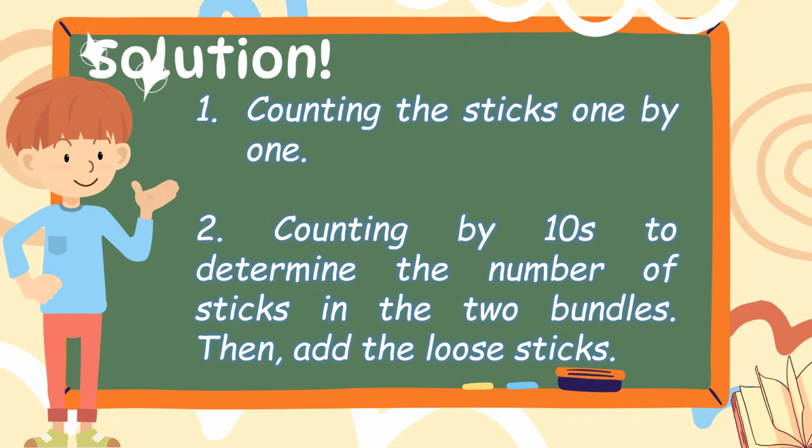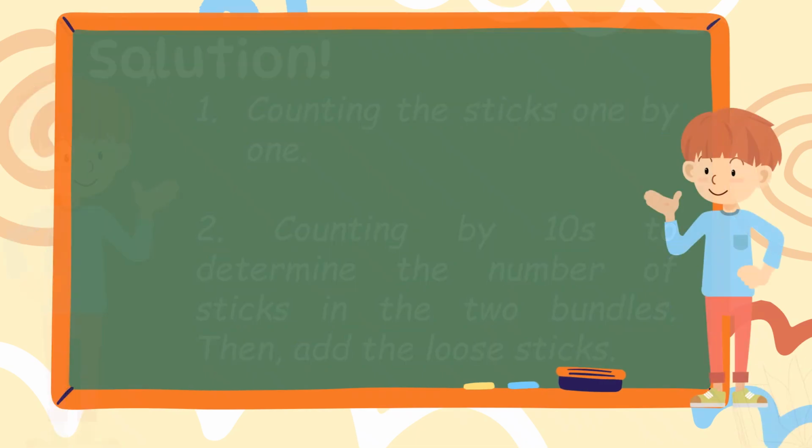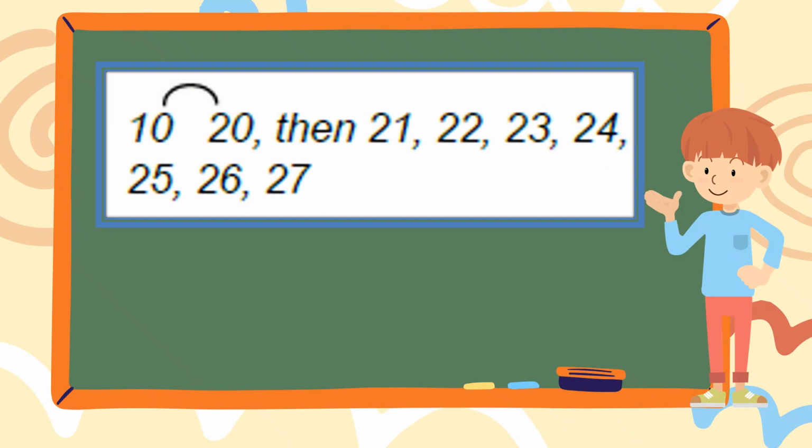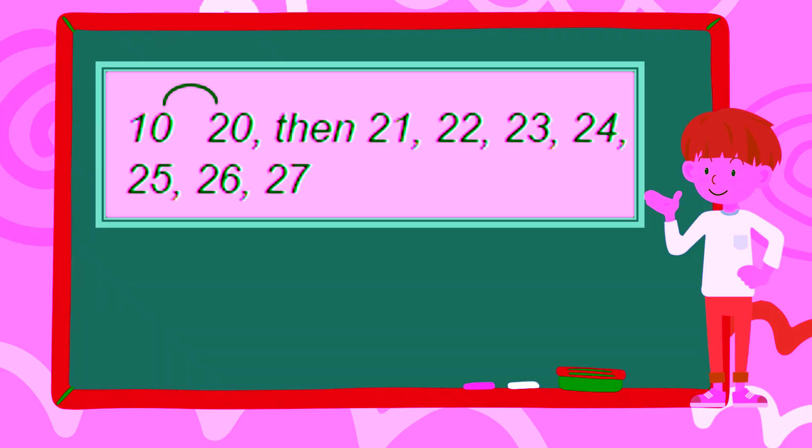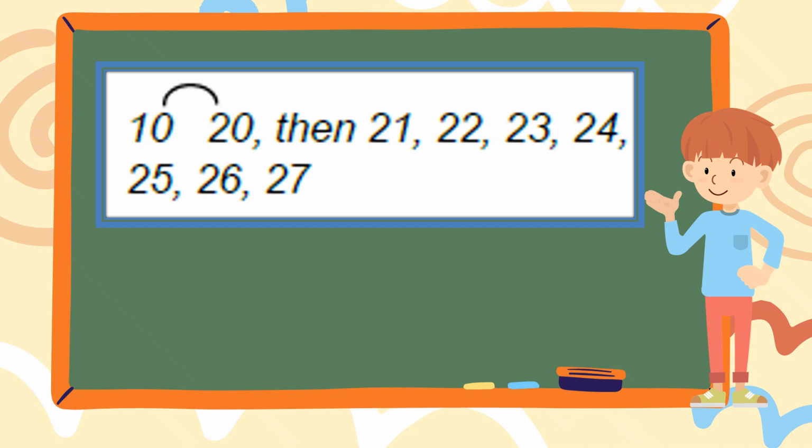Just like what we did. Here we go. The illustration is 10 plus 10 gives you 20. There are two groups of 10. So when you add the two groups, it gives you 20.